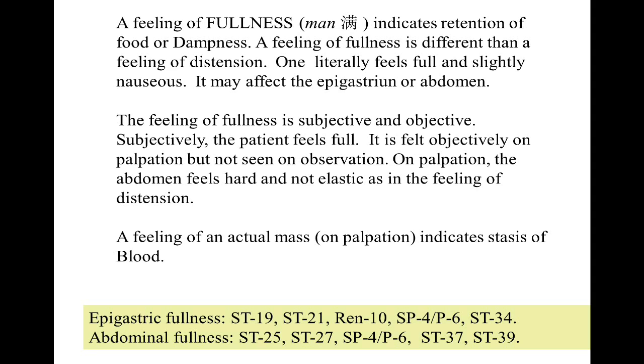So stomach 19 is specifically for full conditions of the stomach, especially with dampness, and it also stimulates the descending of Stomach-Qi. And so does Ren 10, which I've mentioned before. And so does stomach 34 as a distal point. And those 2 points, spleen-4 and pericardium 6, are the opening points of the Chong Mai.